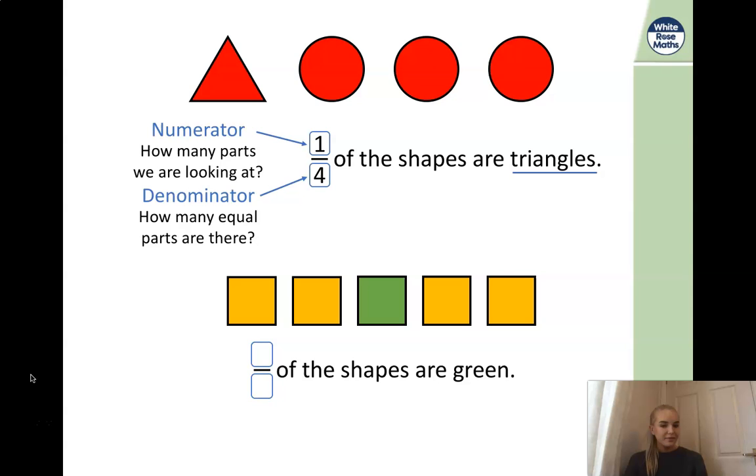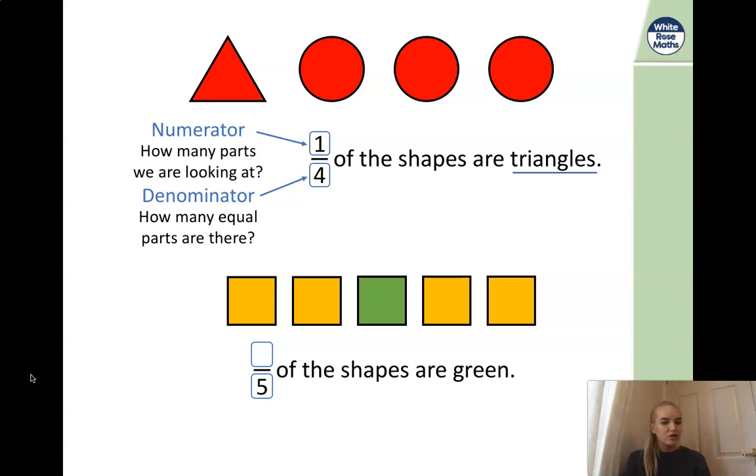I have got some more shapes here, but this time we want to work out how many of the shapes are green. What fraction of the shapes are green? Well, if we remember, my denominator is the bottom number of my fraction. And what was that again? That's right, how many equal parts there are. How many equal parts do I have? That's right, I have got 5 equal shapes.